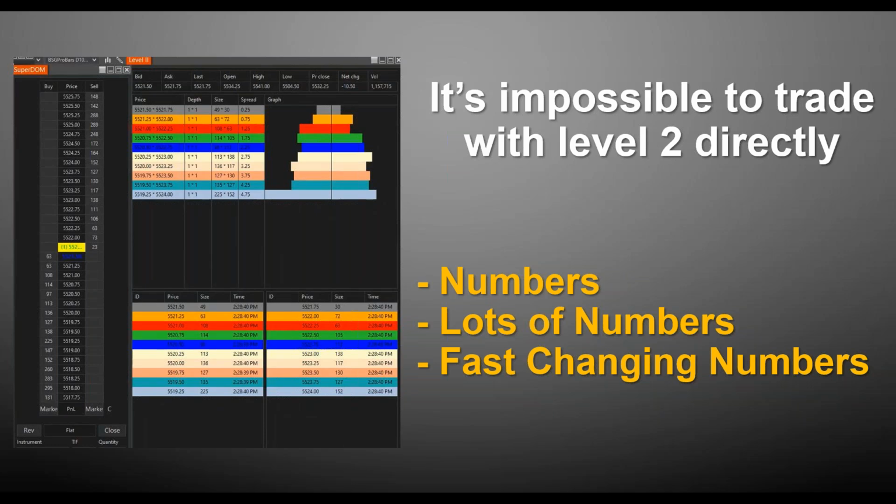It's changing really, really fast, and we cannot really make a decision that fast. Even though it's very powerful, institutional traders have some tools that we don't have. They build algorithms to see the insights in a much better way instead of looking at just a DOM or a level two, because that is very hard to trade.